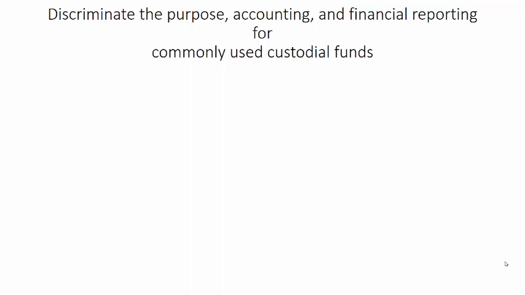When we think about these fiduciary funds, in particular the custodial funds, within a period, what we may actually see is that all the amounts that have come in, we're referring to them as additions. If they have then been dispersed or distributed, then our additions would equal our deductions within the period.